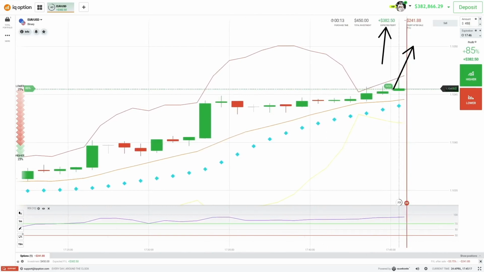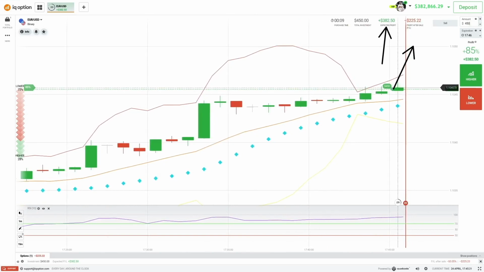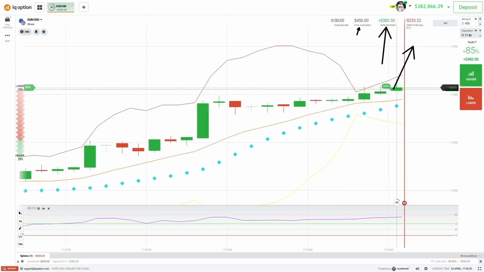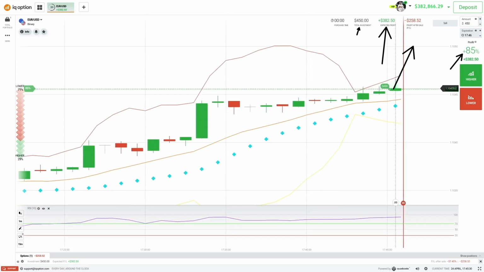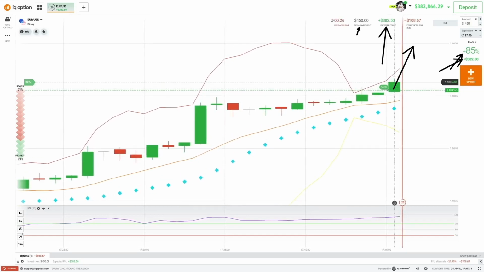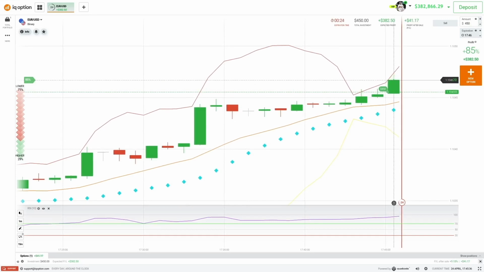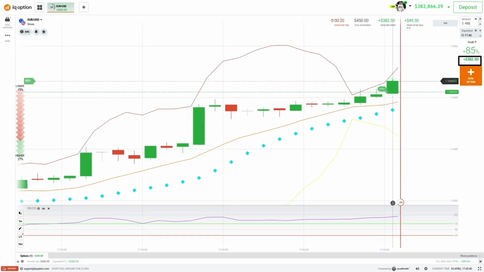So if my projection is right, I'm making $382.50. My total investment is $450, and I'm making 85%.